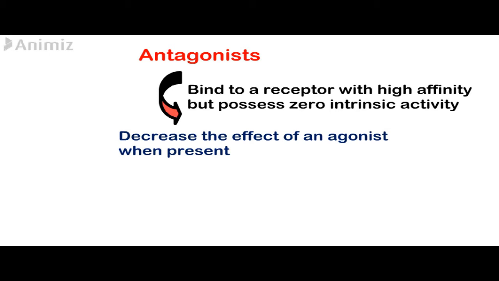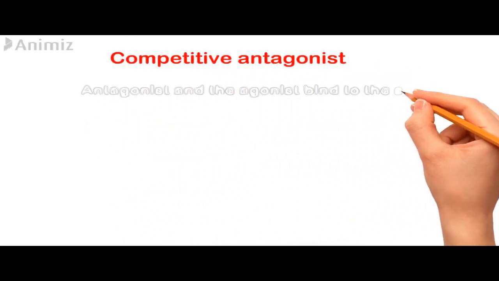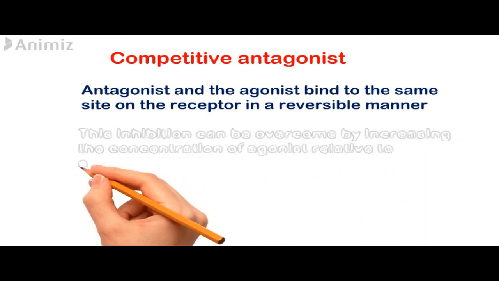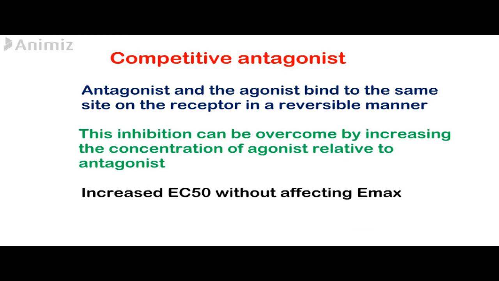The first one is the competitive antagonist. In this type, both the antagonist and the agonist bind to the same site of the receptor in a reversible manner. That's why they are said to be competitive. This competitive antagonist prevents the agonist from binding to its receptor and maintains the receptor in its inactive state.